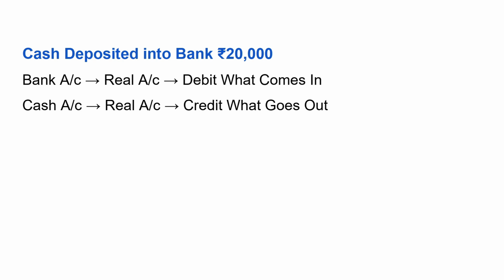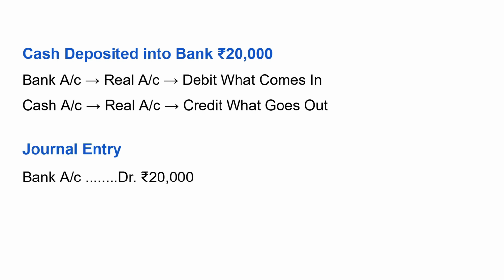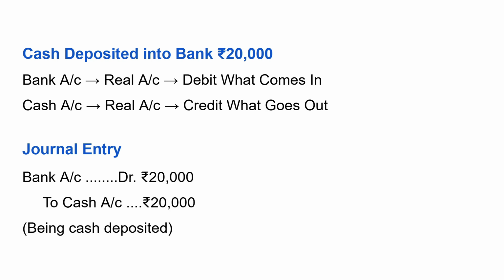Here the cash from the business goes to the bank. So cash goes out, and for bank it is what comes in, debit. And the journal entry is bank account debit 20,000 rupees to cash account 20,000 rupees. And the narration is being cash deposited.